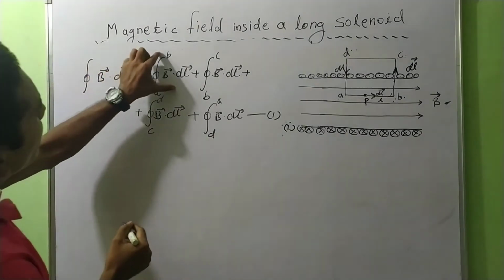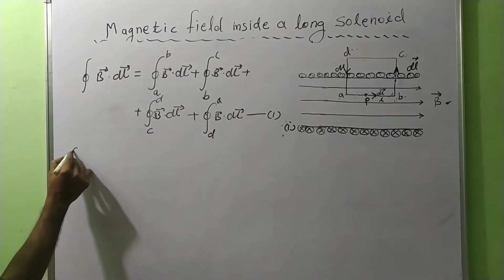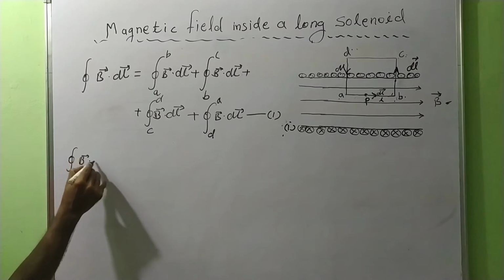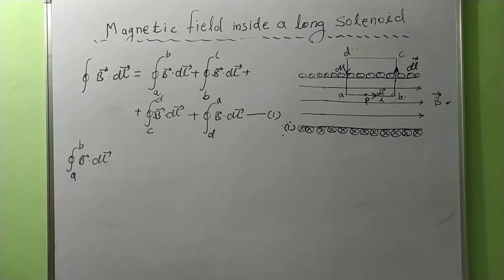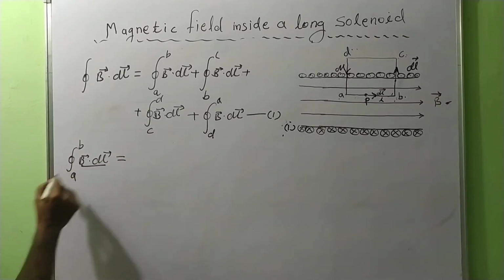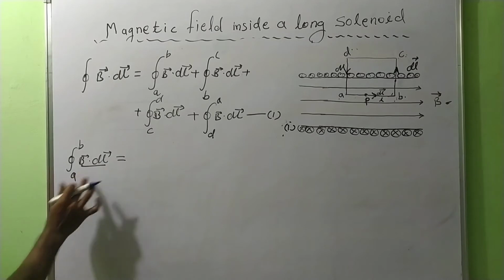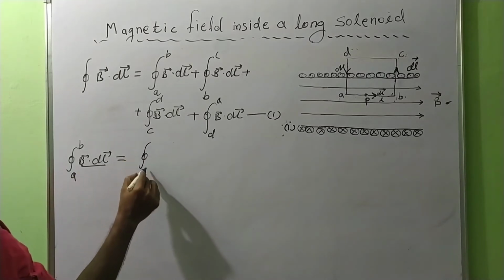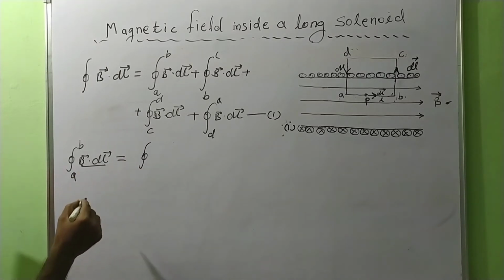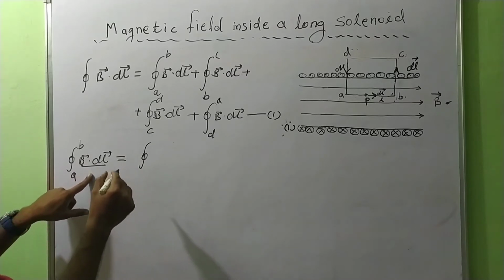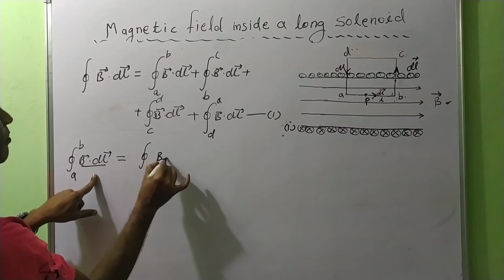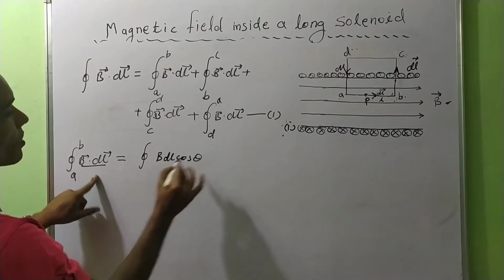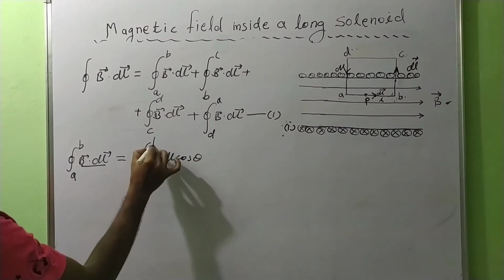We will consider the term, line integral of magnetic field along path AB. Here this is the dot product of two vectors. By the formula of dot product of two vectors, vector B dot vector dl will be B dl cos theta along path AB.